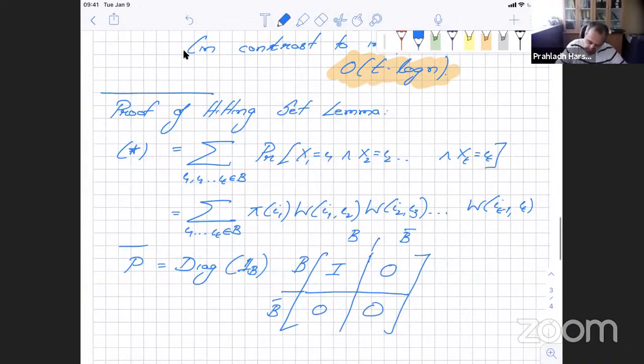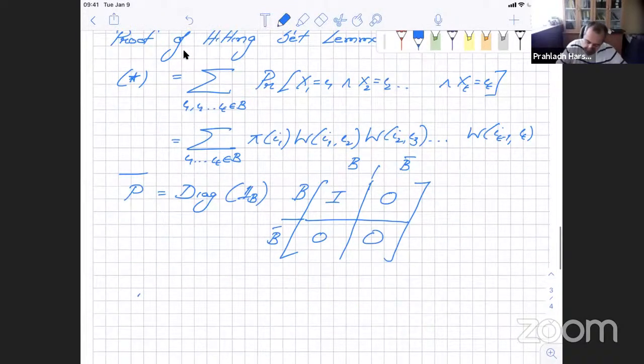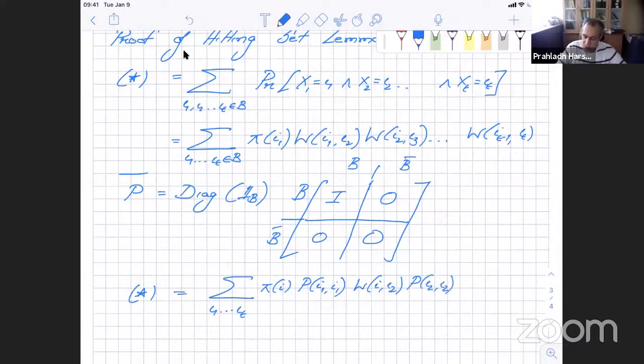So once I do this, I can write this summation as over i1, i2, ..., it, which are unconstrained vertices: pi(i1), P(i1,i1), W(i1,i2), P(i2,i2), and so on up to W(i(t-1),it), P(it,it). P is checking whether you are in the set or not. If it is not, that term vanishes. Are people with me so far?